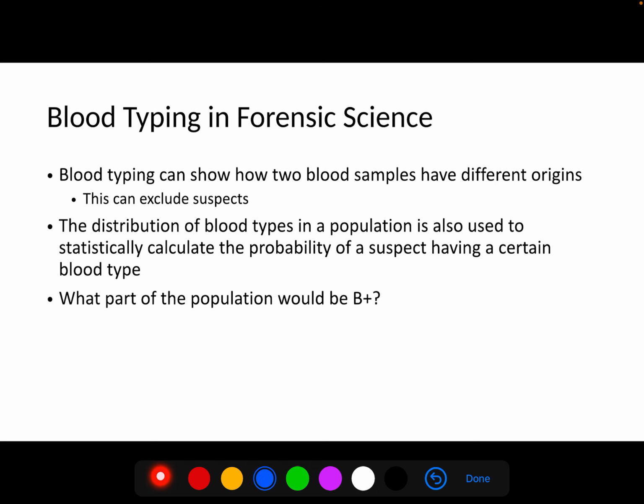So whenever we are blood typing, a lot of times blood typing is used to exclude individuals because we tend to do this at a crime scene and test it with blood types or medical background from our suspects. Blood typing can typically show how two blood samples have different origins, so it is used to exclude suspects from our suspect pool.